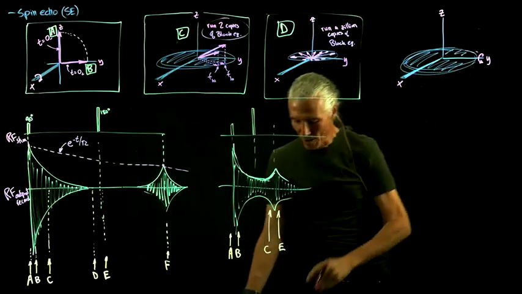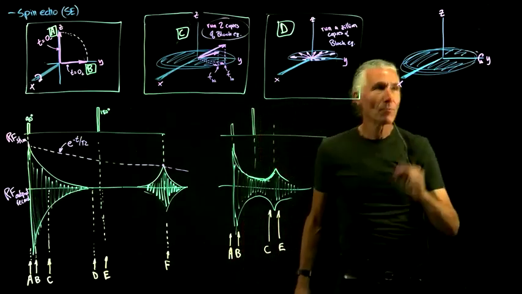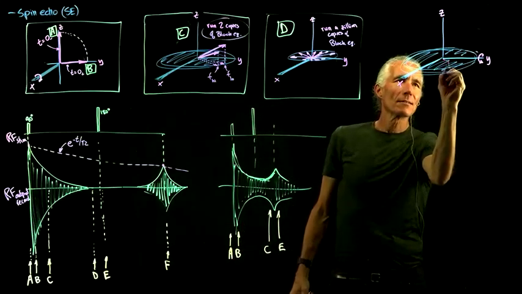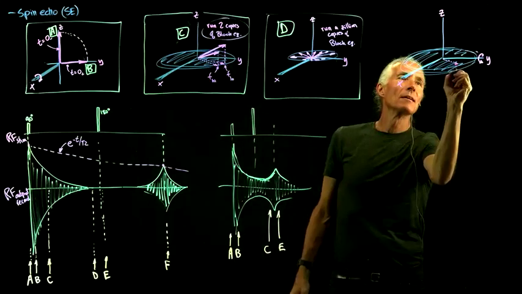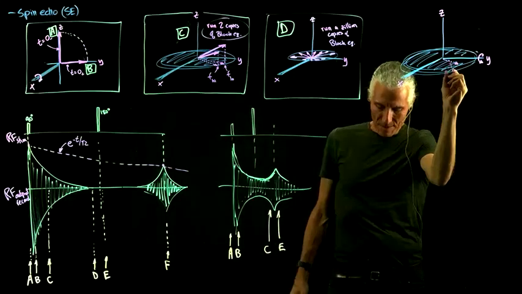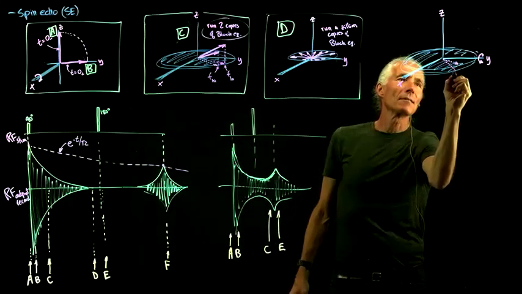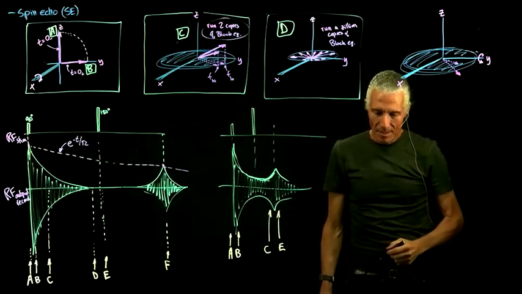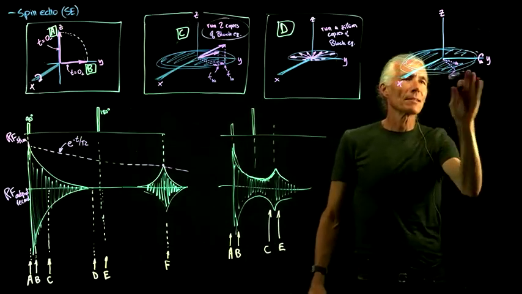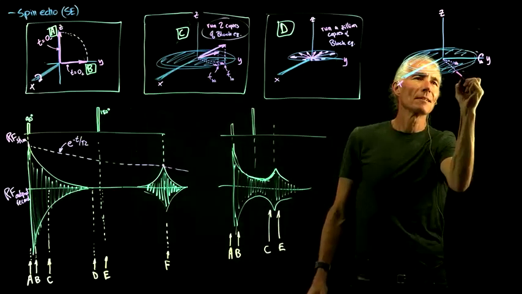So let's try to draw that. There'll be one that's underneath the plane here, and another one that's underneath the plane here. We'll make that one stick out a little bit, a little more for illustrative purposes.